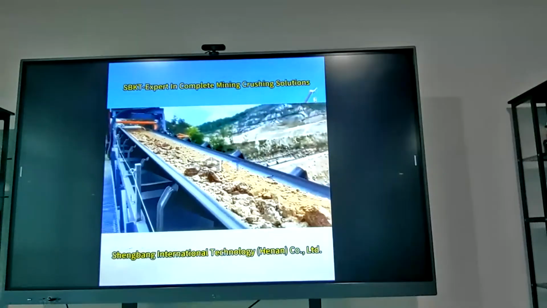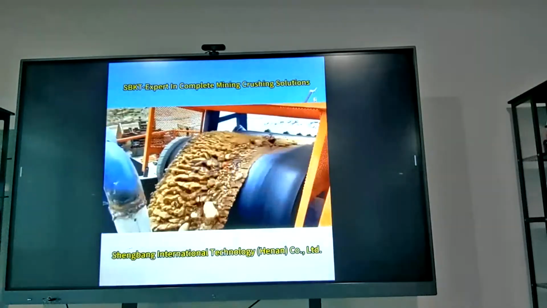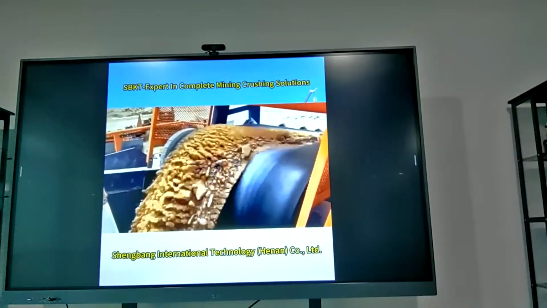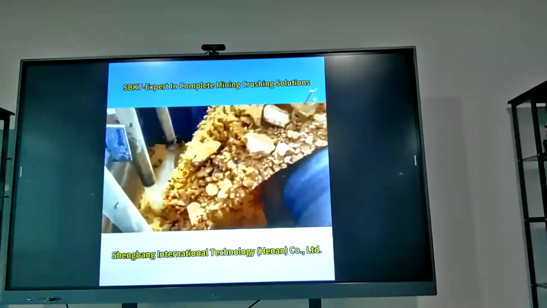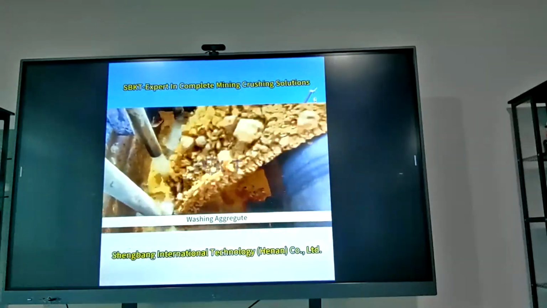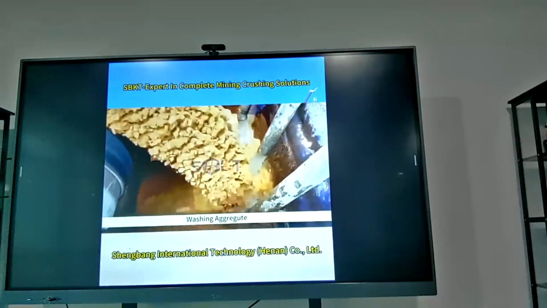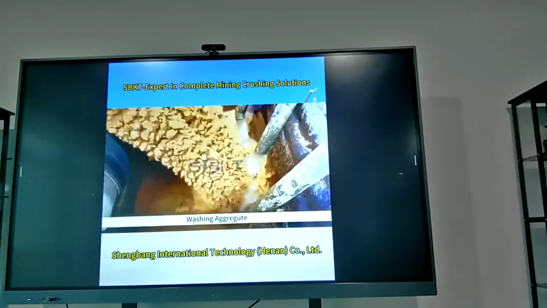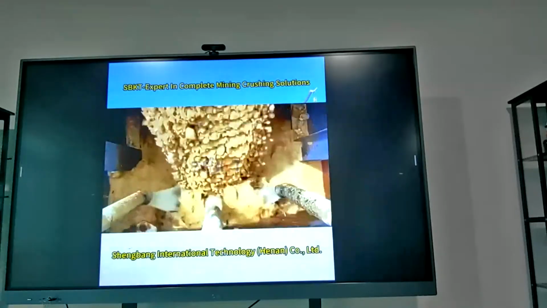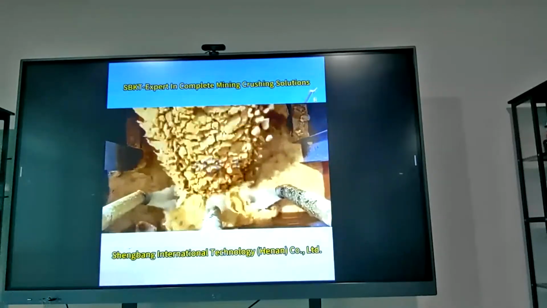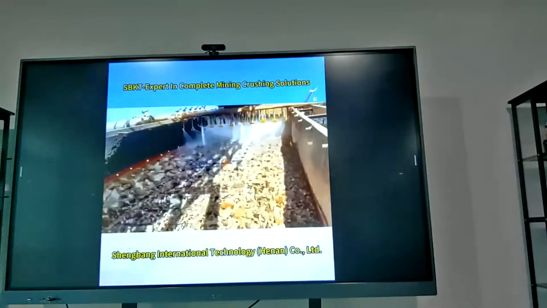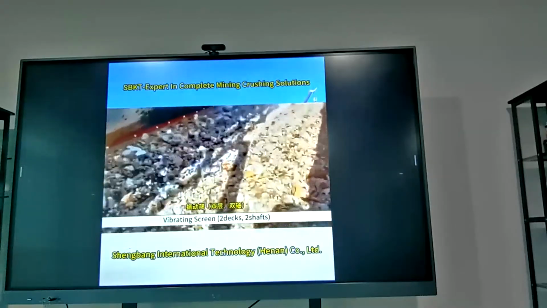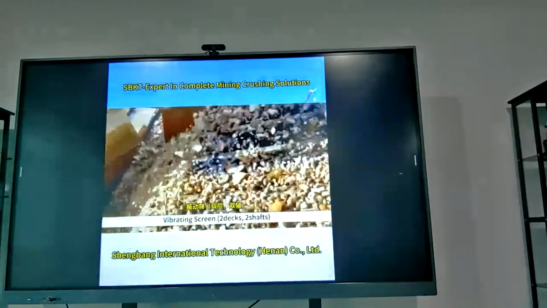At the same time, the lubrication system and cooling system of the equipment adopt advanced technology to ensure that the key components maintain good lubrication and cooling during long-term operation, reducing the long-term operation and maintenance costs.